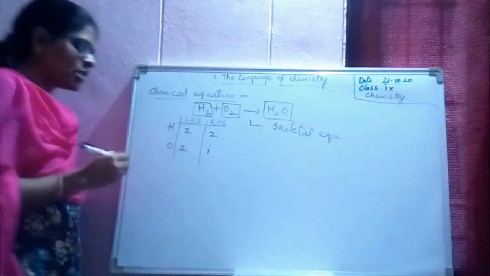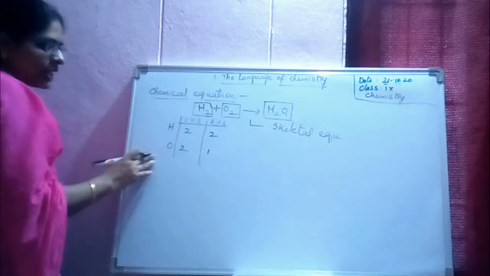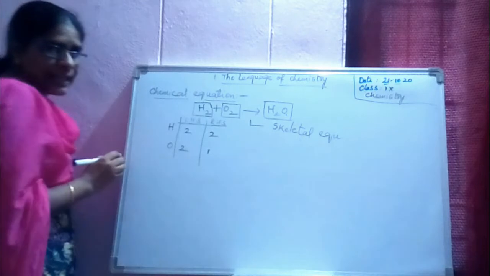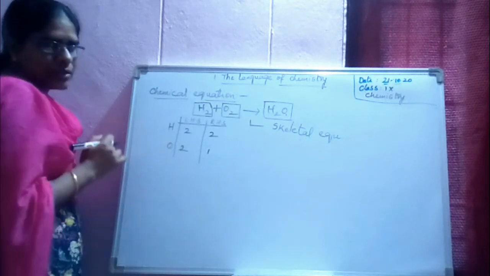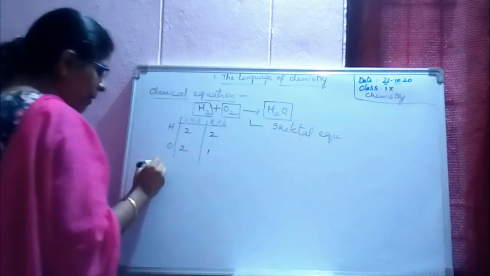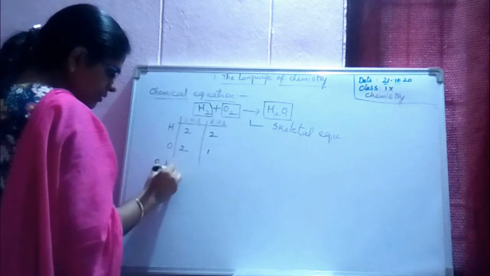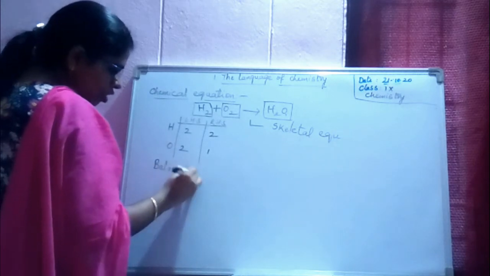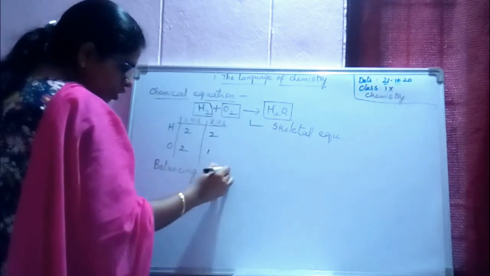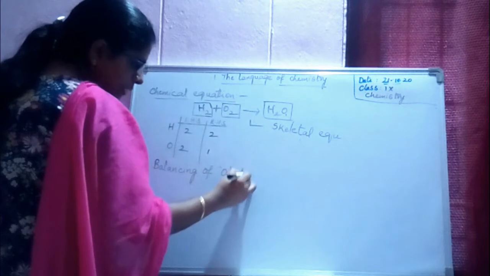Now how to do this? Look at here. What are the atoms which are not balanced? By looking at the table, oxygen. Balancing of oxygen atoms.